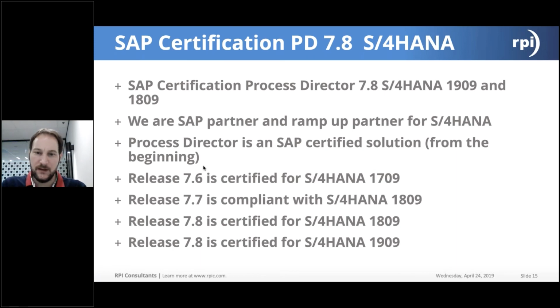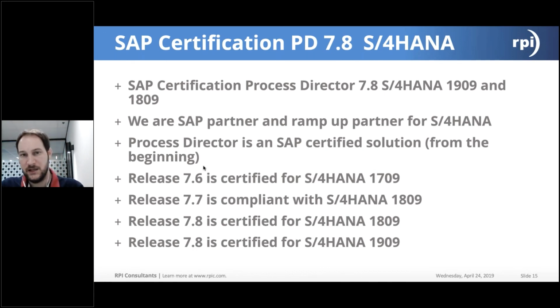Also, down here you can see that we certified the 7.6 version to work with S/4HANA 1709. We have also now made version 7.7 compliant with the S/4HANA 1809 version. And as I said previously on the slide at the top, the 7.8 version will also be certified for 1909, the latest S/4HANA version.